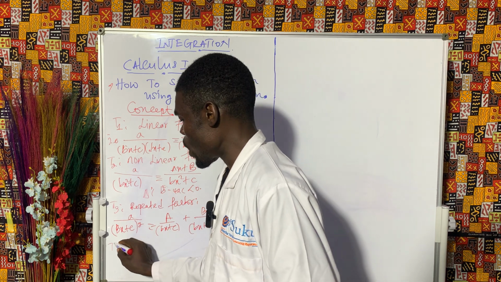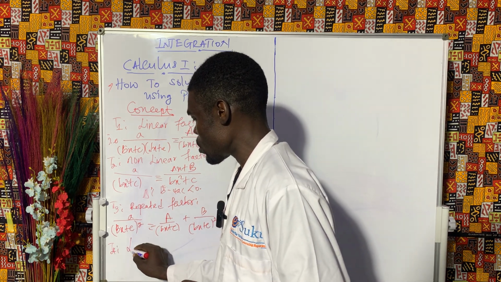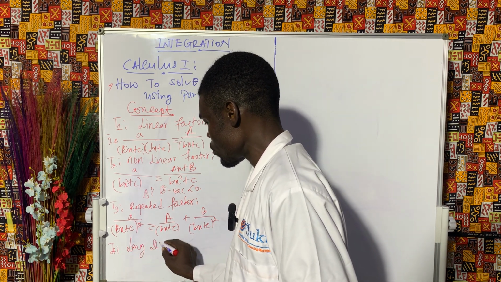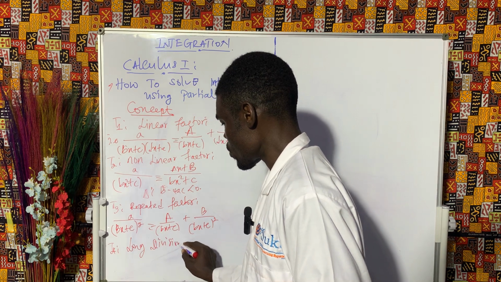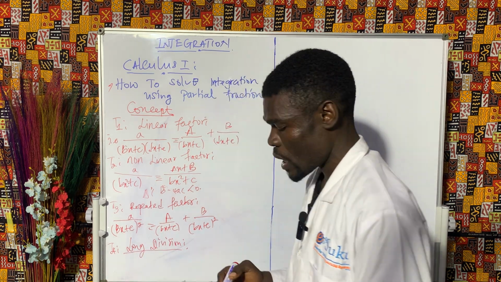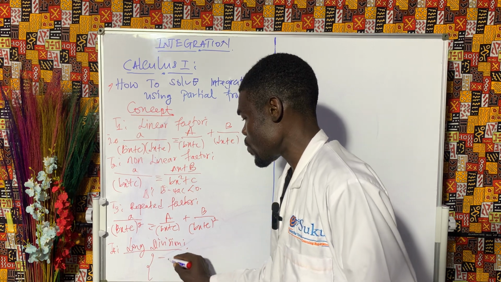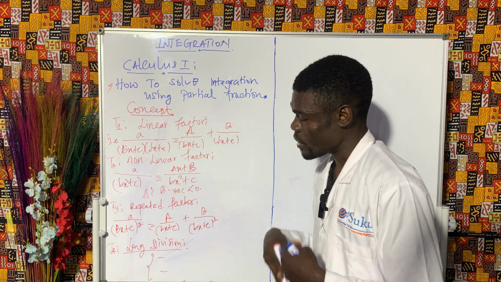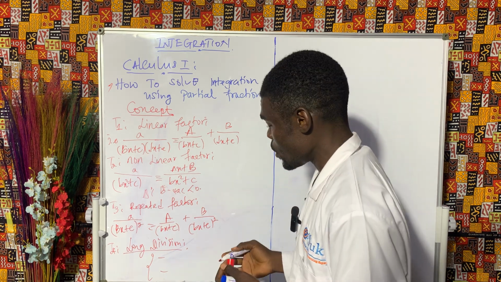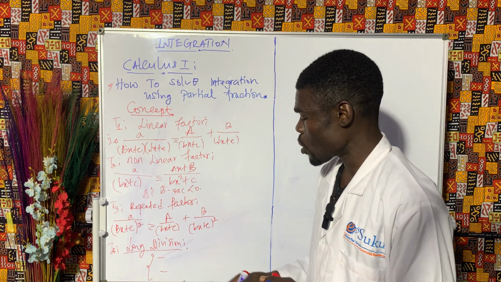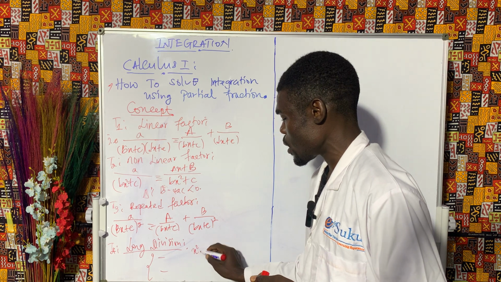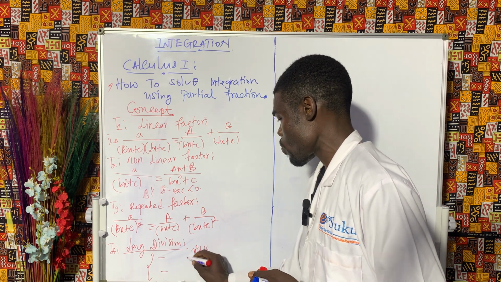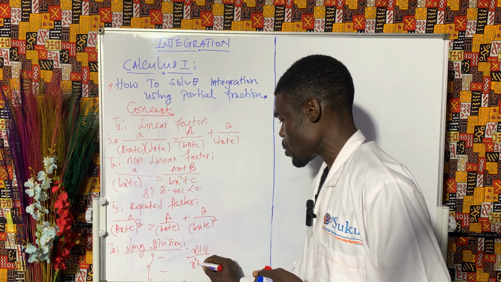So lastly, we have type 4, which is long division, which has 2 cases. The first case says that the degree of x at the top must be equal to that at the bottom. That is, I can give you an expression like x squared plus 4 over x squared plus 3.